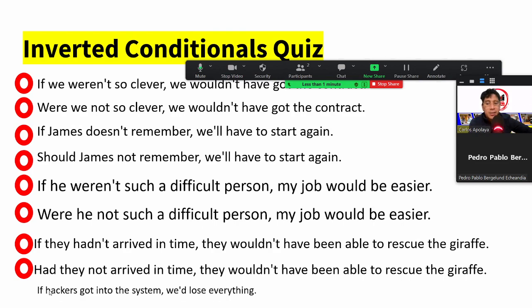If hackers got into the system, we would lose everything.